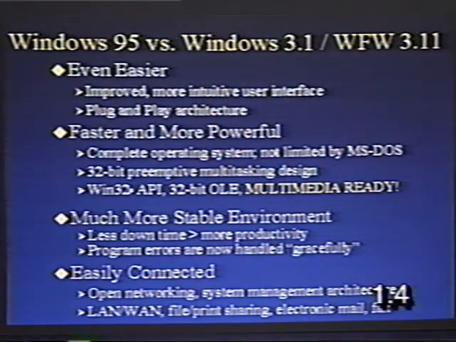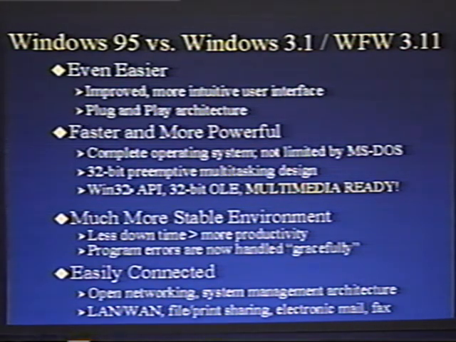Dan just told you how Windows 95 is different than DOS. I'm going to tell you how Windows 95 is different from Windows 3.1 and Windows for Workgroups 3.11. Windows 95 is even easier than Windows and Windows for Workgroups. It has an improved, more intuitive user interface and a plug-and-play architecture.